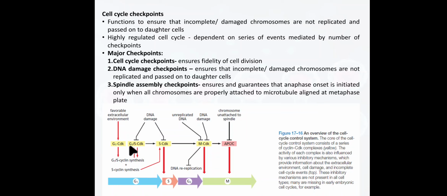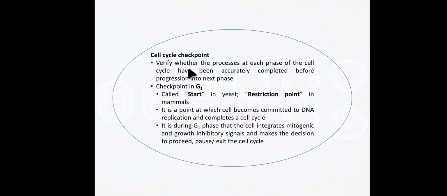Here you can see G1 CDK, G1S CDK, S CDK, M CDK. All these CDK activities are regulated by the cell cycle checkpoint. The cell cycle checkpoint verifies whether the processes at each phase of the cell cycle have been completed, and then ensures the accurate completion of the previous phase before progressing into the next phase.